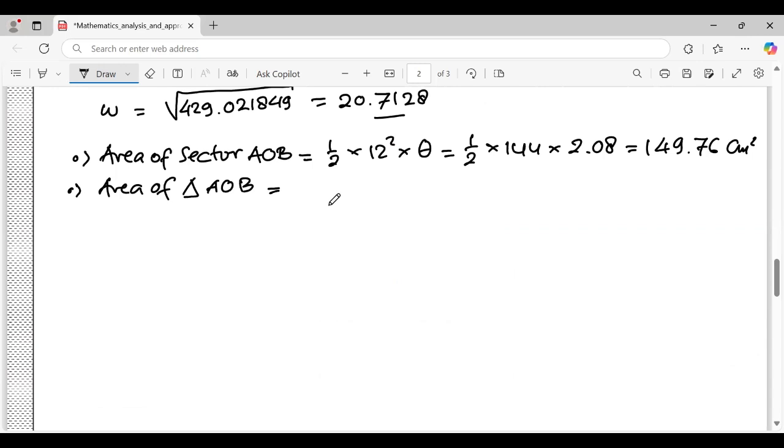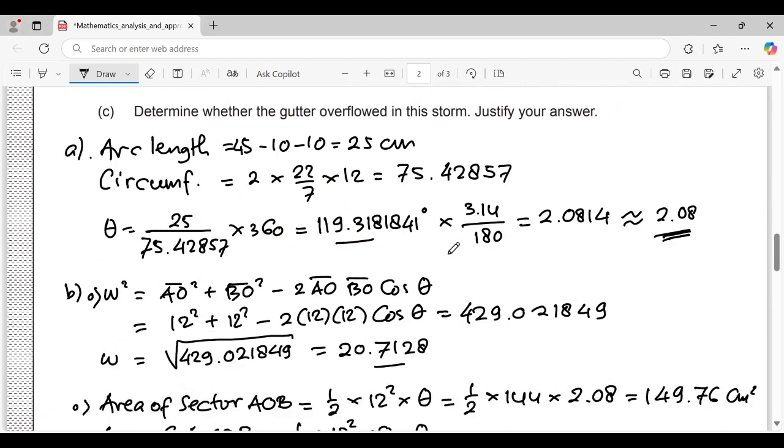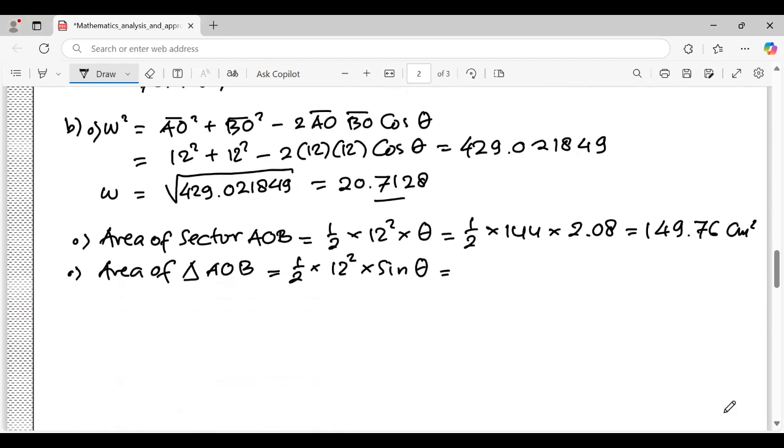The area of the triangle is 1/2 times 12 squared times sine theta. For theta in the sine, we need this number, 119.31818441. If you calculate, the result is 62.7778.